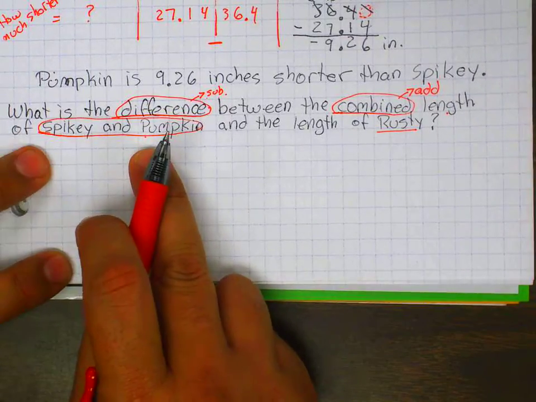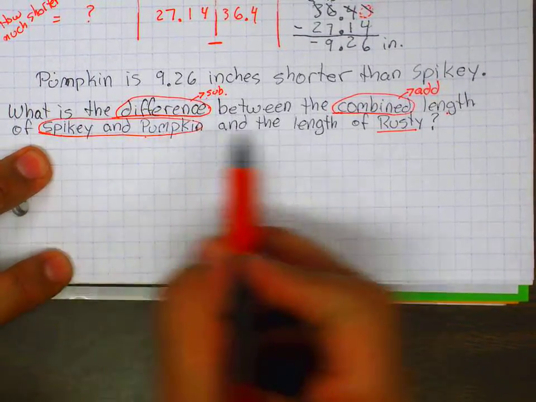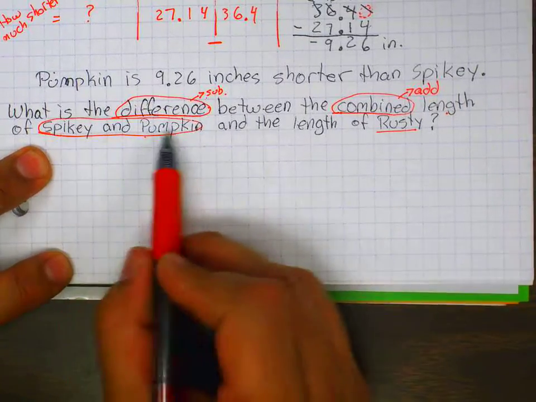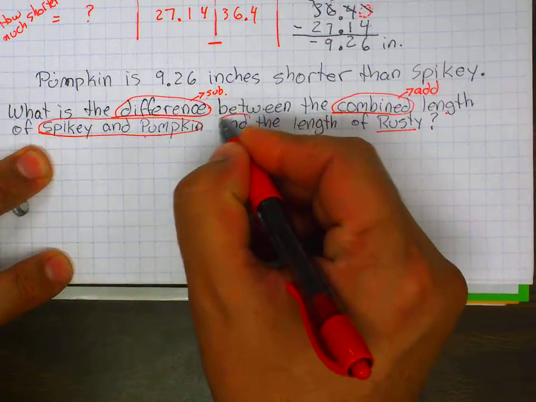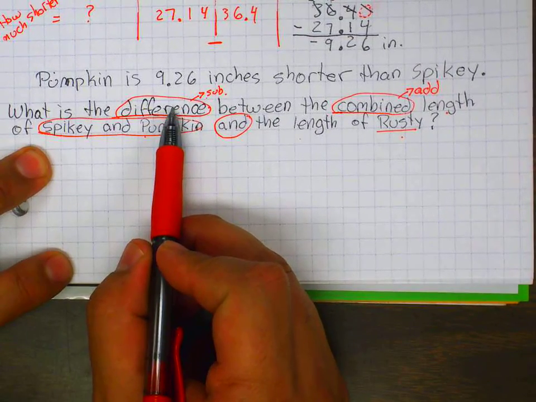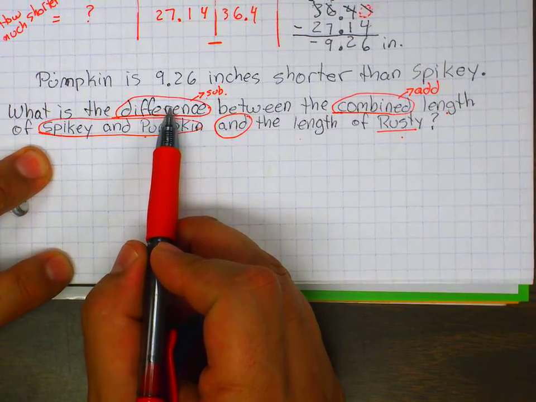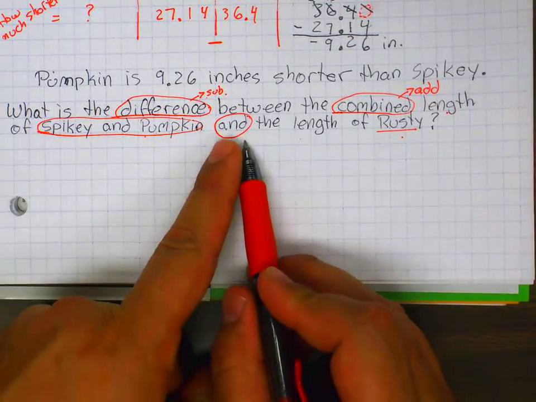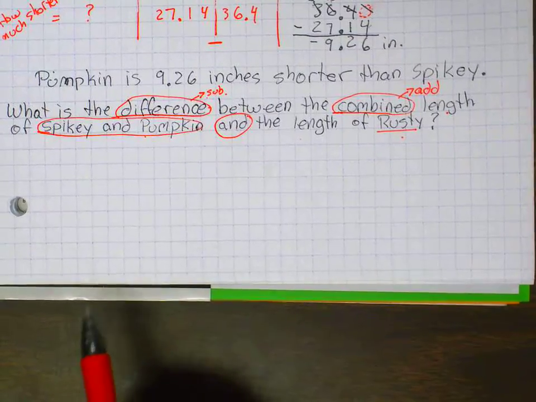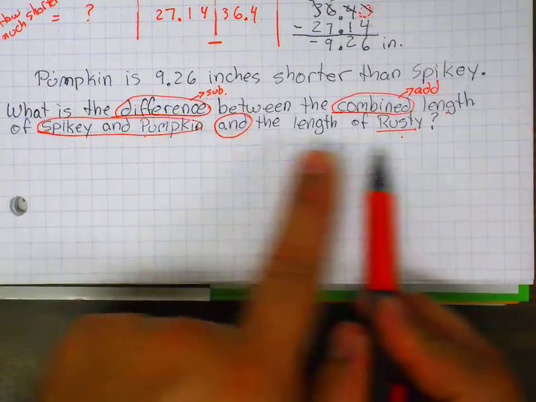Now, I'm not going to put together Spiky, Pumpkin, and Rusty. I need to compare, I need to find the difference between Spiky and Pumpkin and the length of Rusty. So I'm going to compare these two to the length of Rusty.